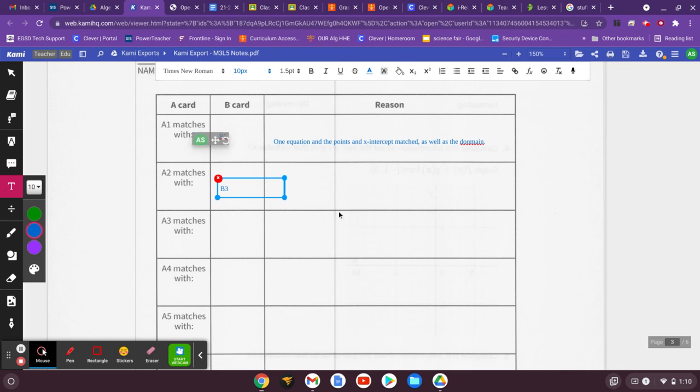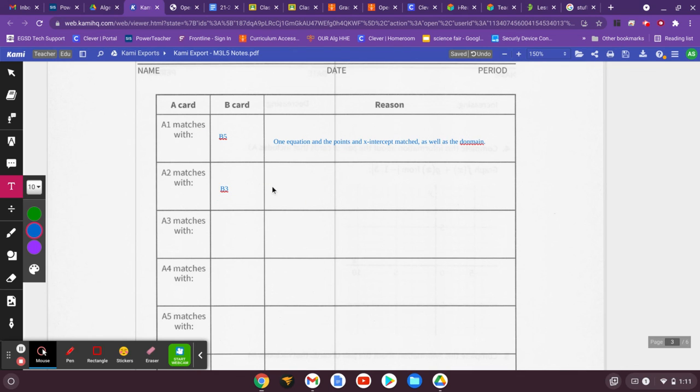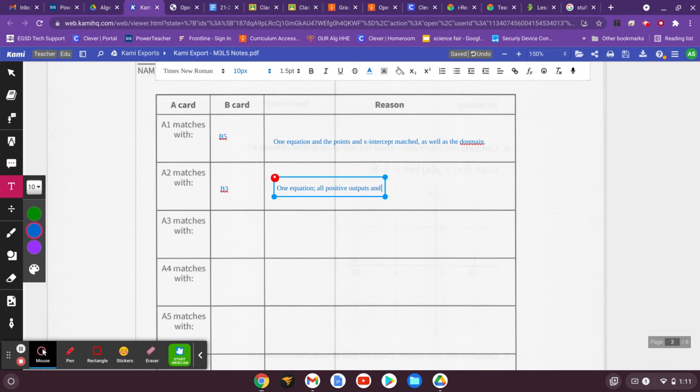And our reasoning will be one equation, all positive outputs, and correct range and points.